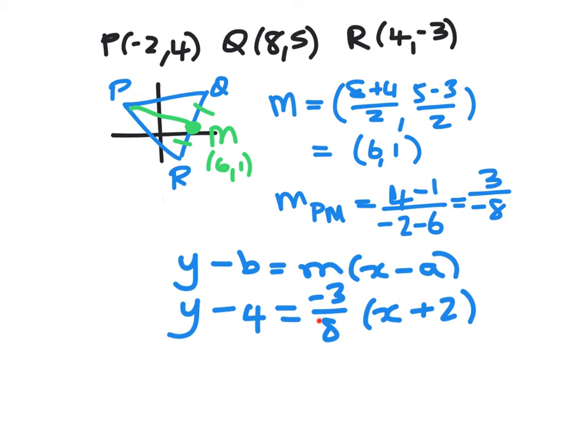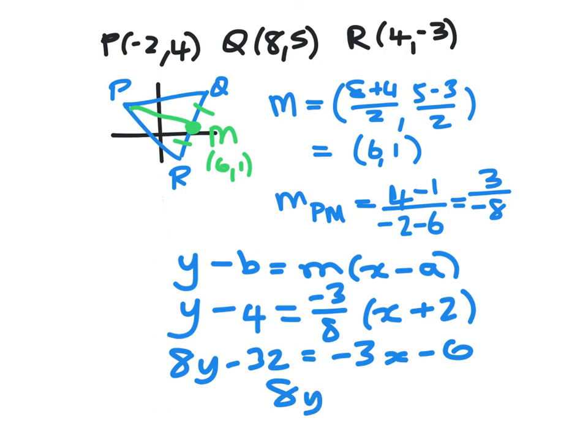Remember, when we've got a fraction, bottom times the left hand side, top times the right hand side. So that's going to be 8y take away 32 equals negative 3x take away 6. And if I tidy that up, 8y, bring the 3x over, take the negative 32 over, I get an answer of 8y add 3x equals 26.